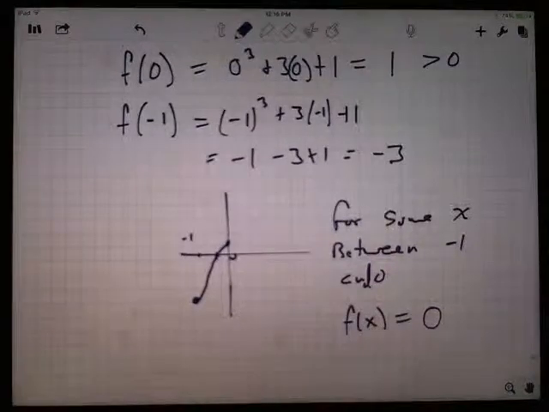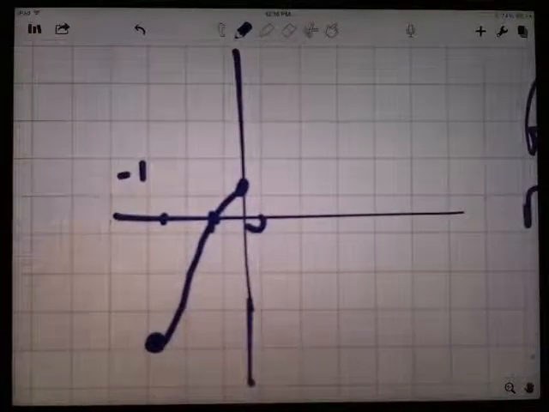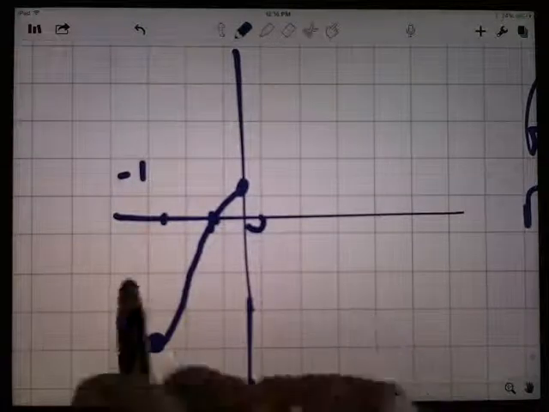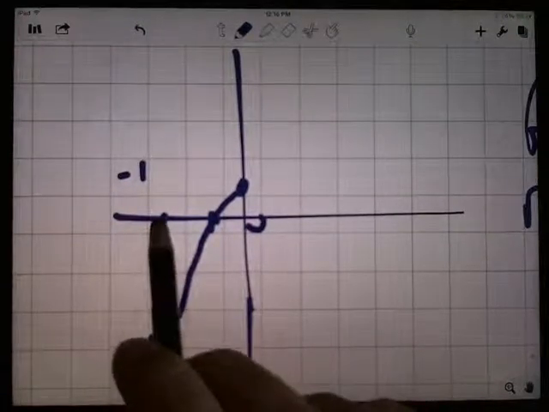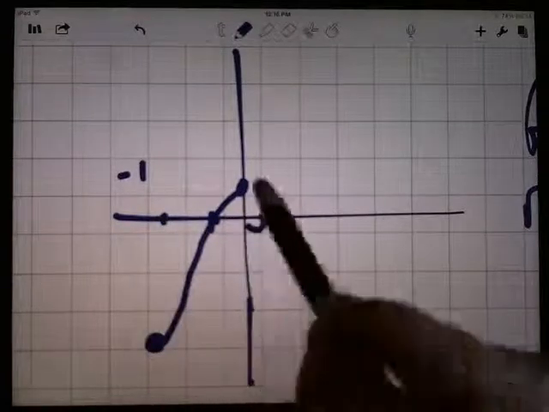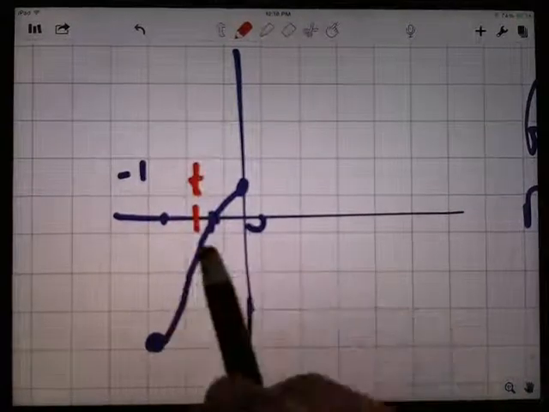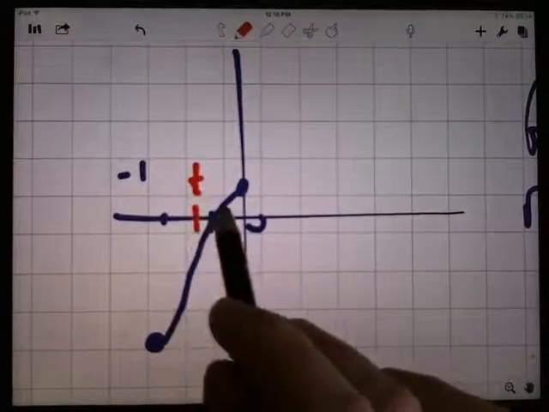Now there are some computer algorithms that people have devised over the years for finding these things based on the intermediate value theorem. So I know somewhere between -1 and 0 I've got an intercept. Maybe what I'm going to do next is plug in, let's say, a half. Figure out what f of a half is. Is it positive or negative?